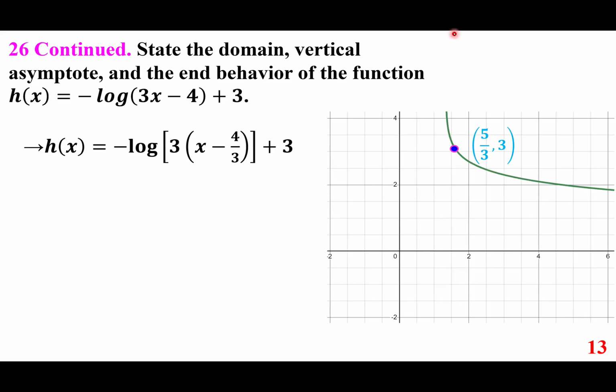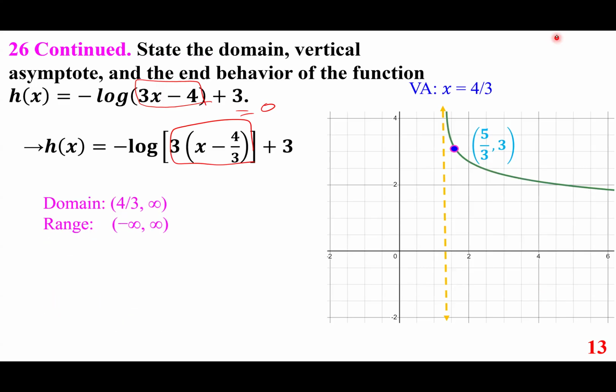Secondly, we have the vertical asymptote with the equation. And by the way, one way, if this is given, set this equal to 0. Either this one or this one. Set equal to 0. And that gives you x equals 4/3. So it's very clear. Now, as you can see from the graph, the domain is from 4/3 to infinity, but the range hasn't changed. It's all real numbers.